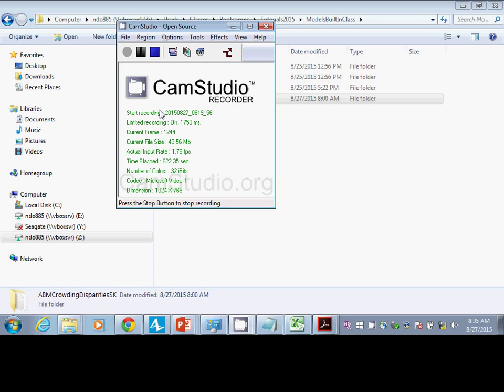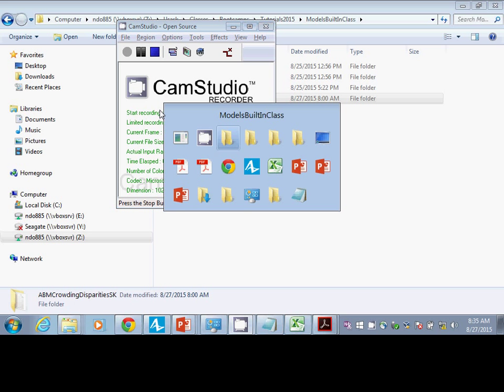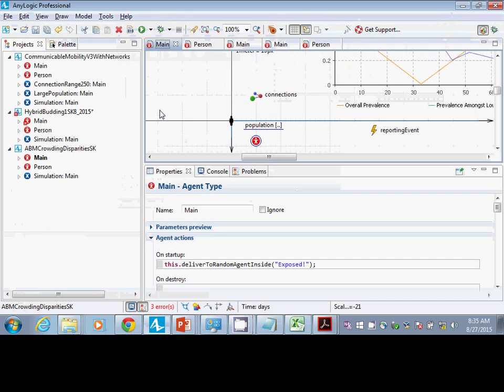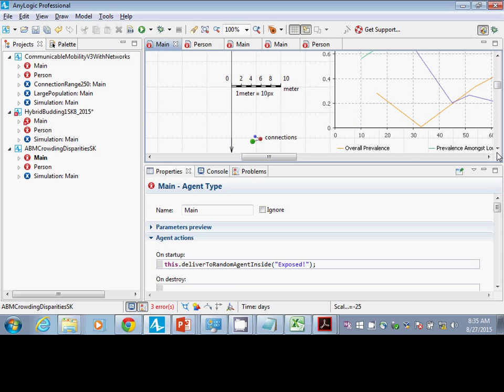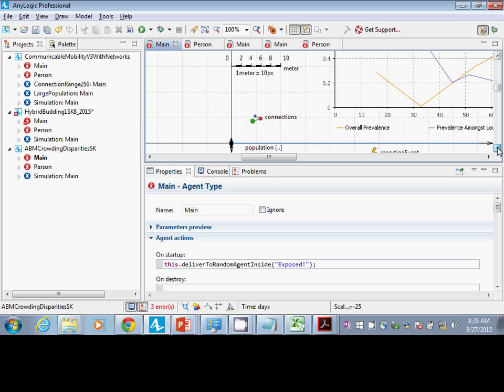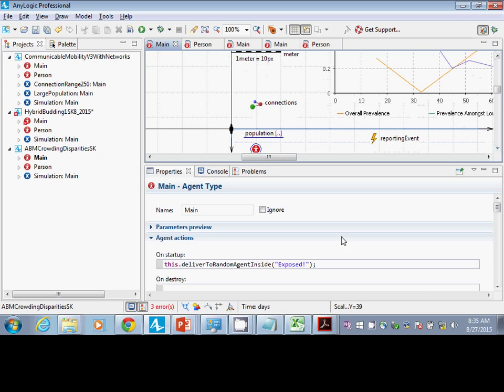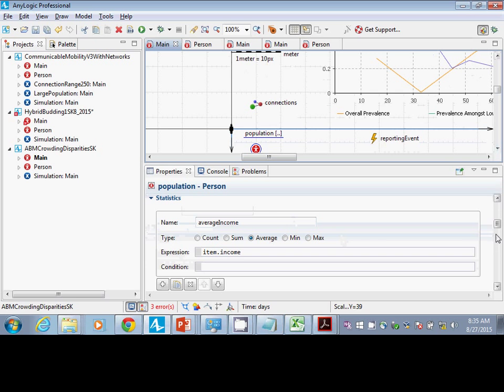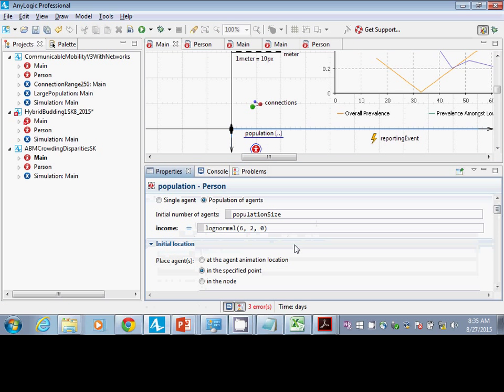So in the population, do you remember that? Does anyone remember that? We actually specified in that model we had yesterday, here's the population, and within that population, we had income drawn from a log normal distribution.